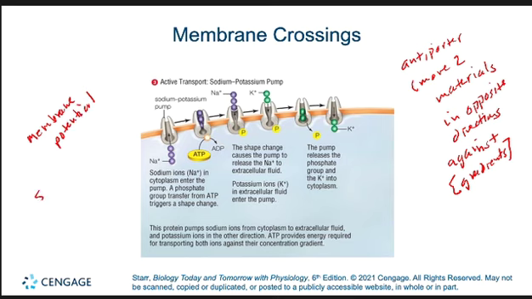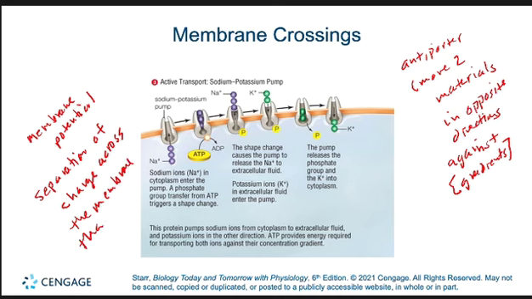Okay, this is a separation of charge across the membrane that serves as an energy source. Okay, so the cell uses this to pull materials that it needs in and kick material that it doesn't want out so that it doesn't die.